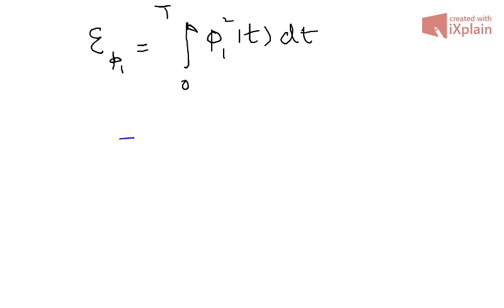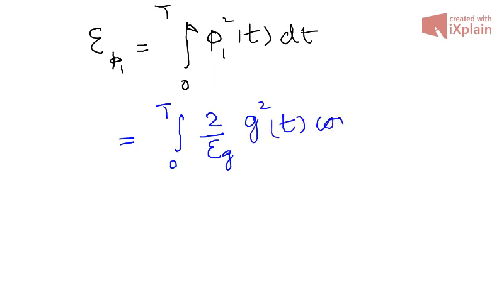So if you integrate it, you will get the integral from 0 to capital T, and then you have 2 over Eg, the square root cancels with the square, and then you have g square t cos square 2 pi fct dt, right?